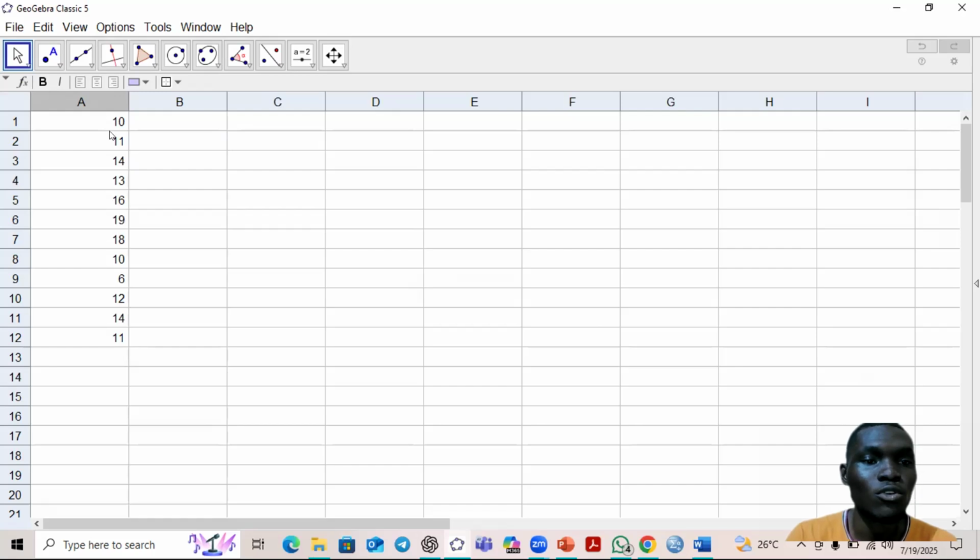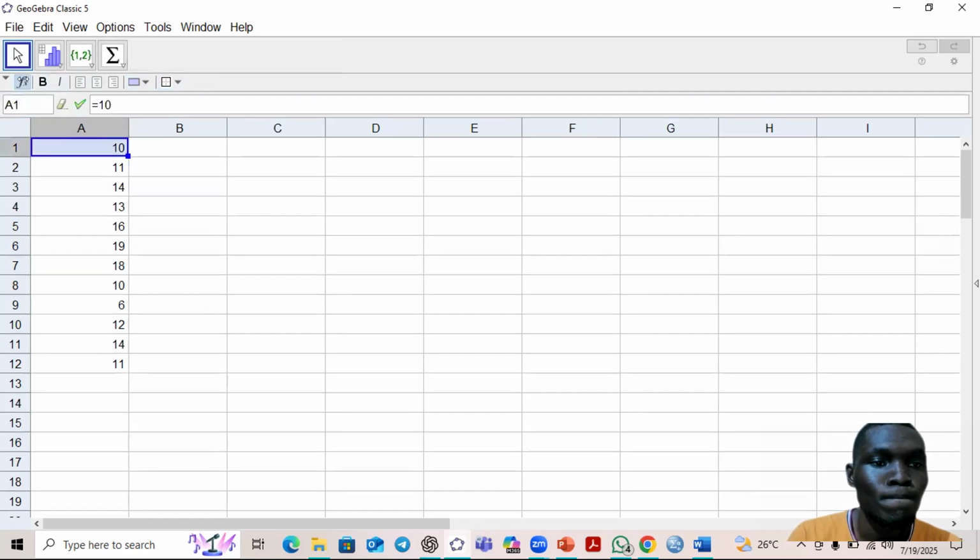One student gets 10, another student gets 11 over 100, another 14 over 100, 13 over 100, and so on. And in this case, we are going to plot this on a histogram.